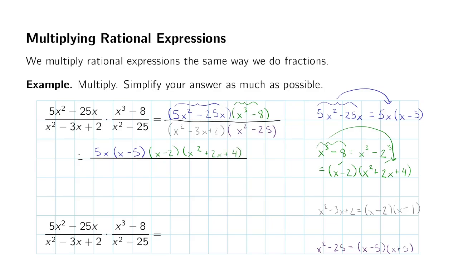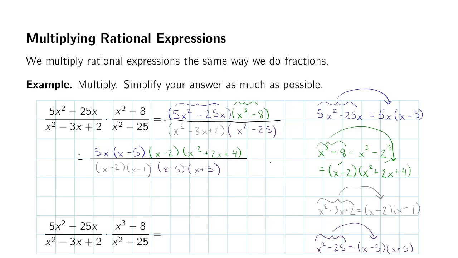In my denominator, I had x squared minus 3x plus 2, which I now know factors as x minus 2, x minus 1. And then I have this x squared minus 25, which I now know factors as x minus 5 times x plus 5.